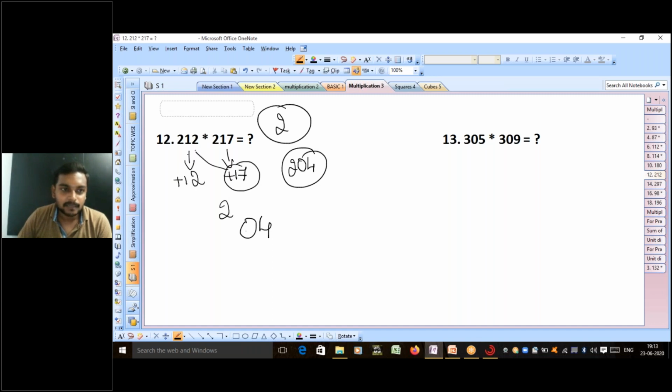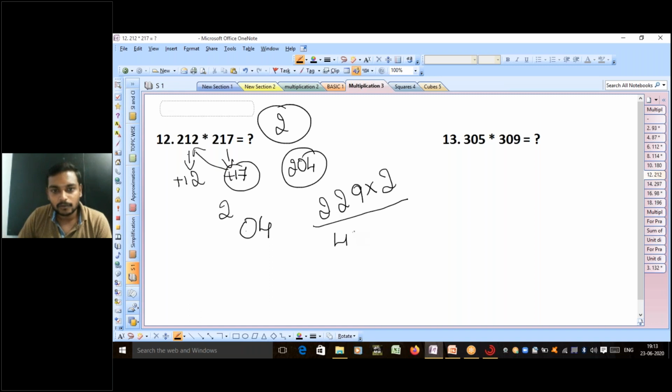Just add 17 to 212. You will get 229. Then you have to multiply this with 2. So 229 multiply with 2 will give 458. Then 458 plus 2, carry forward number, is equal to 460. The answer is 46,004.